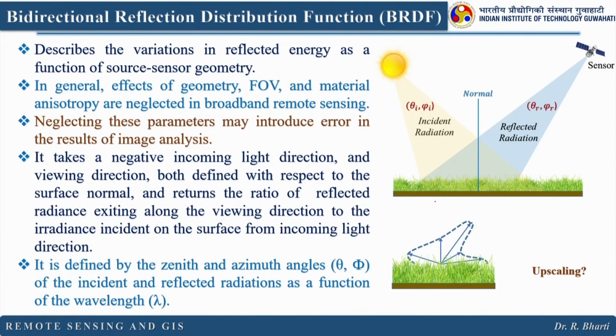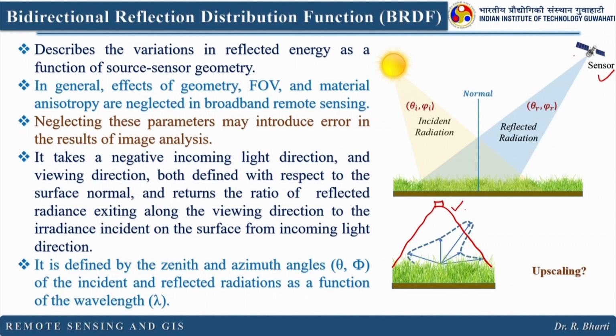Suppose you have captured this particular area from this particular angle, right, and you have a sensor which is acting in the same wavelength as this ground instrument is working. So, if you compare this with this, will it make sense? No. So, what you have to do?